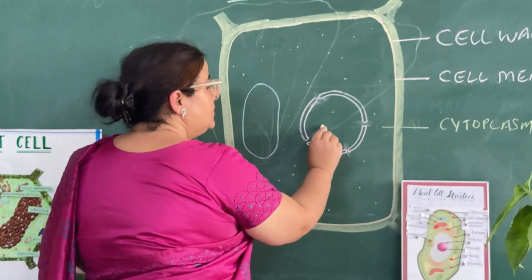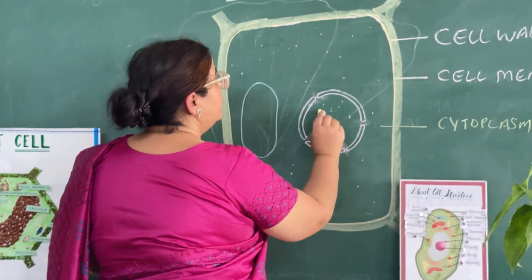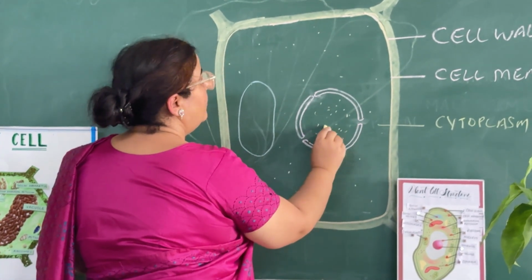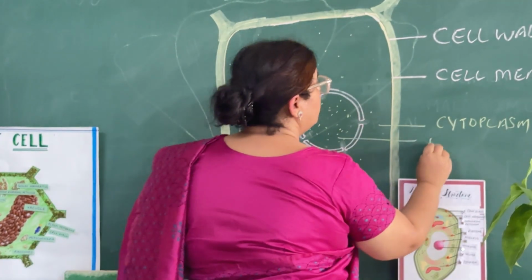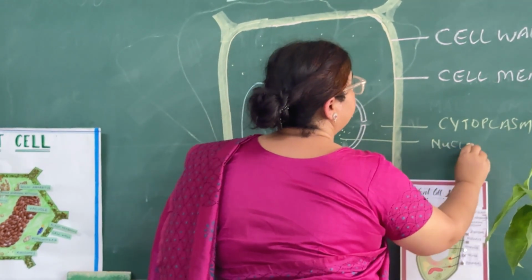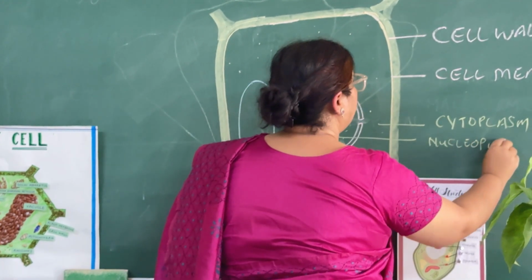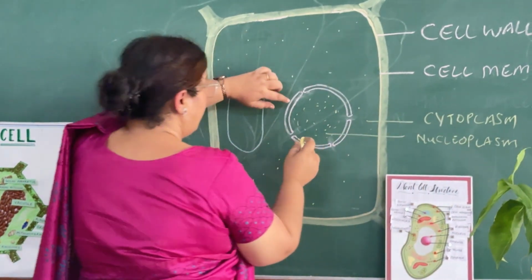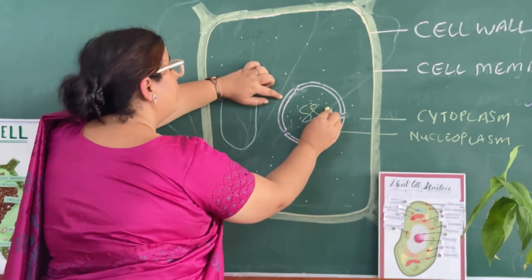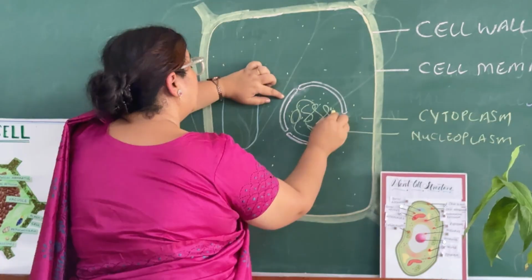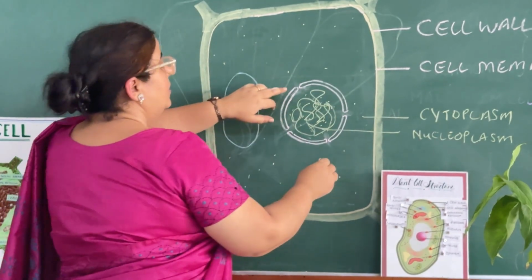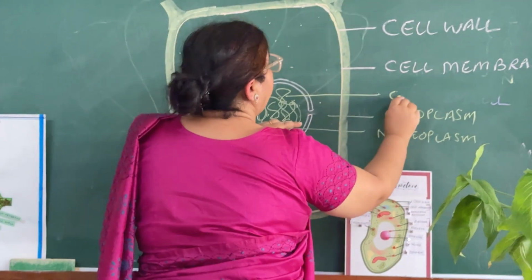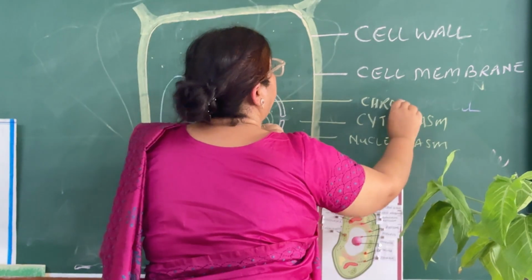Inside it, there is also a liquid which is known as nucleoplasm. And there is an interwoven structure which is known as chromatin.